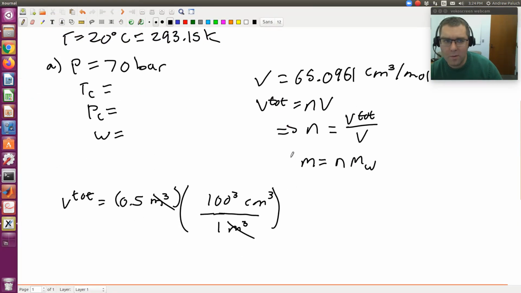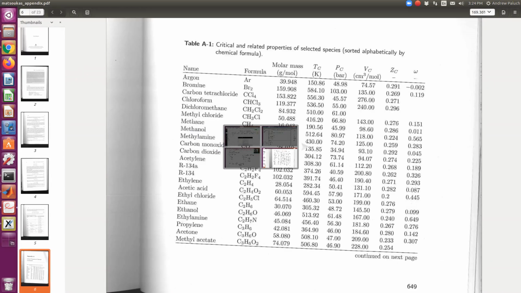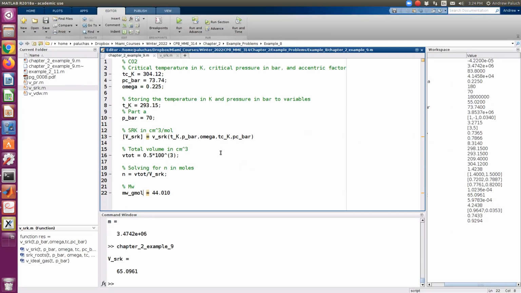The problem wants the total amount in kilograms. If this is the molecular weight in grams per mole, 1,000 grams equals 1 kilogram. So the molecular weight in kilograms per mole is the molecular weight in grams per mole divided by 1,000.